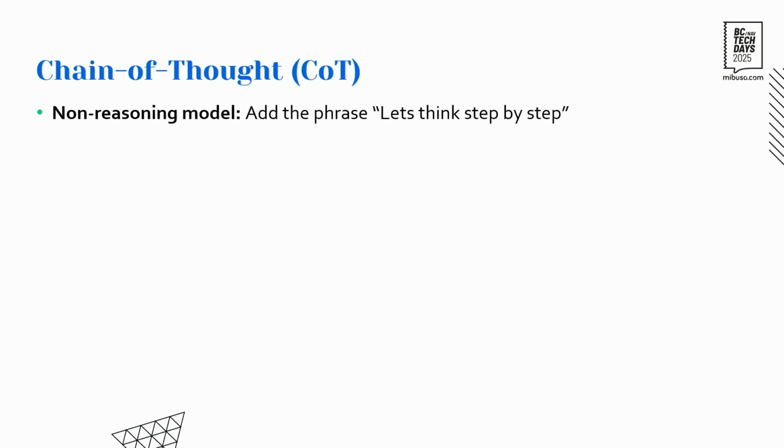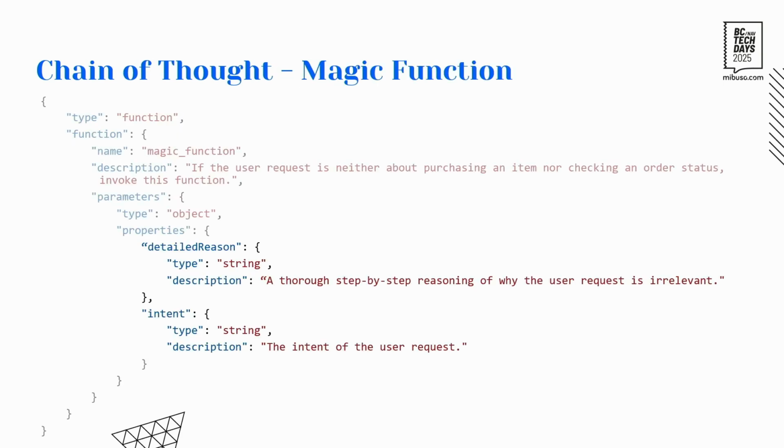So how can you actually incorporate chain of thought? There are two ways. Whether you're using a non-reasoning model or a reasoning model doesn't really matter. With non-reasoning models, you can actually provoke it to reason just by adding things like step by step. One example I want to show that maybe you guys don't know, and even for us it was quite a bit of trial and error, is you can use chain of thought in a function.